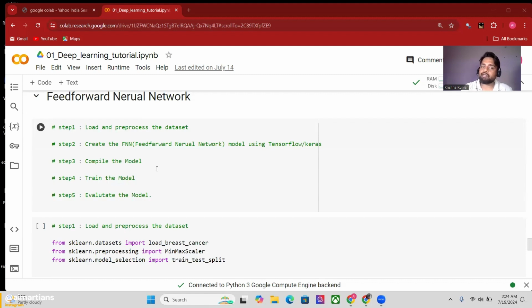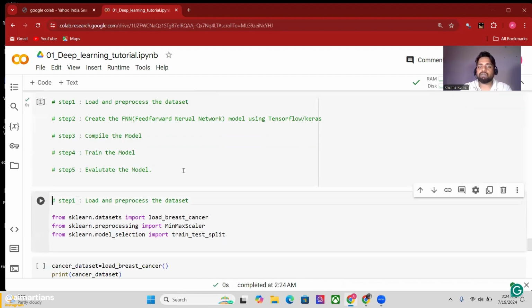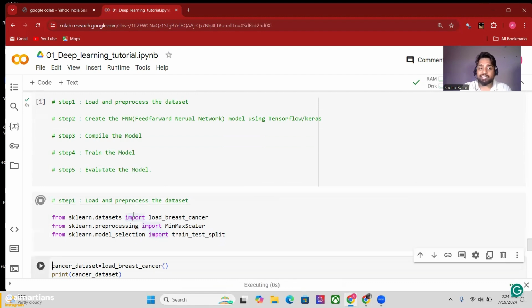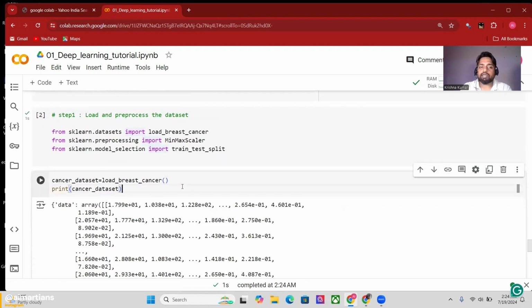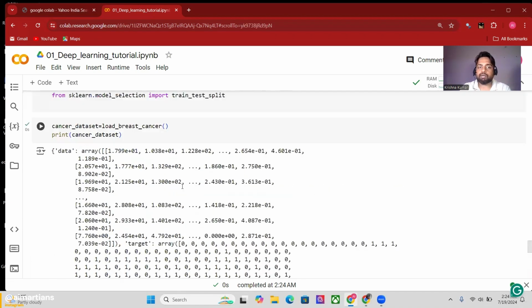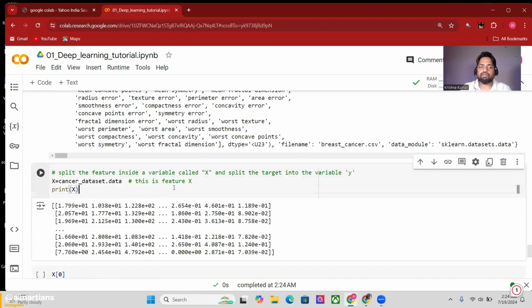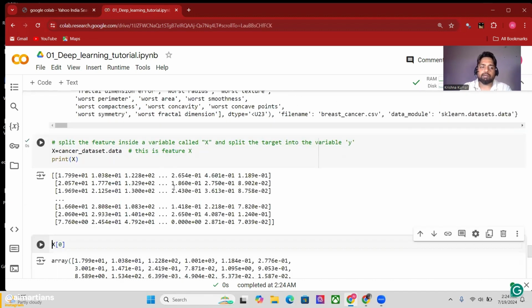The third is compile the model, train the model, and evaluate the model. I'm running each and every cell once again. Here I start the first step, where I imported the important libraries to load and pre-process the data. I load the data here from sklearn, and this is the whole stuff which I performed last time.